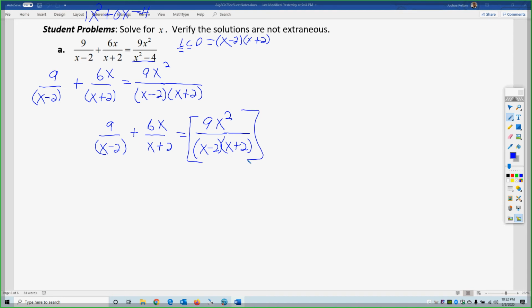Brackets, brackets, brackets, brackets. What you do to one side of the equation, you must do to the other. So I'll multiply by the LCD over here and multiply by the LCD over here.